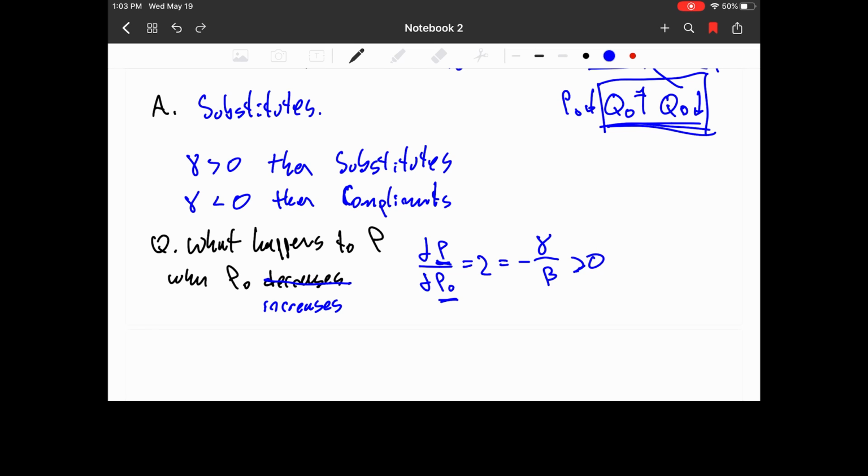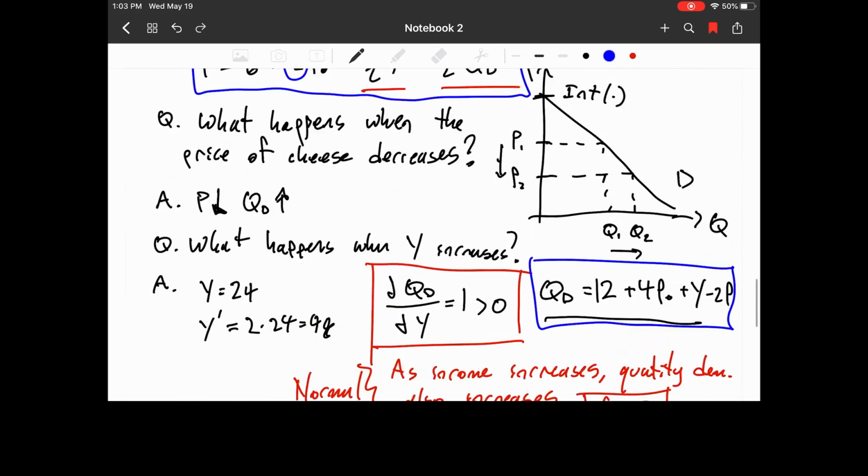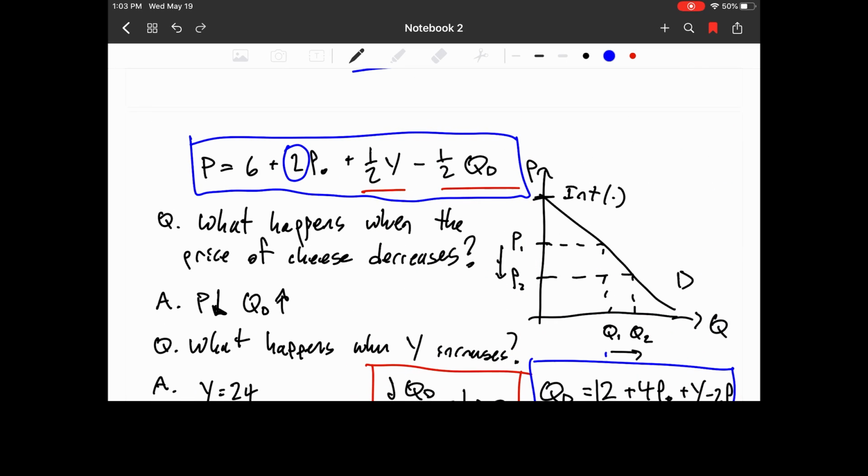Okay. So just as a general note here, in general, price is the only variable that moves us along the demand curve. So price moves us along the demand curve. All other variables that affect demand shift, rotate, or when we're dealing with nonlinear relationships, can deform the demand curve.